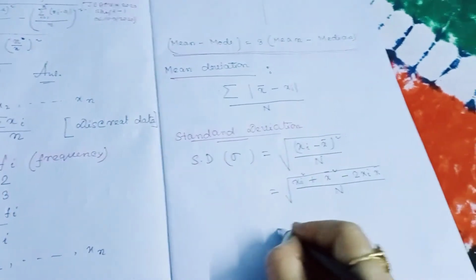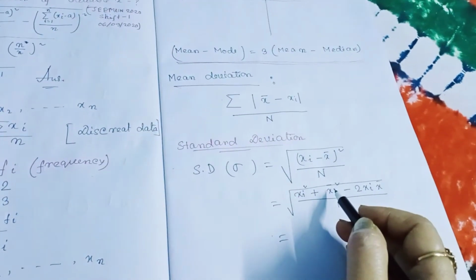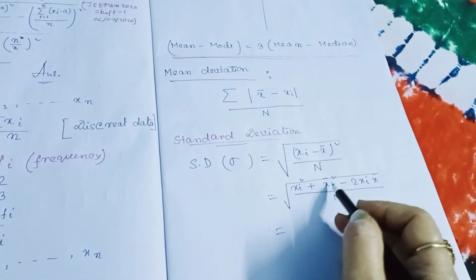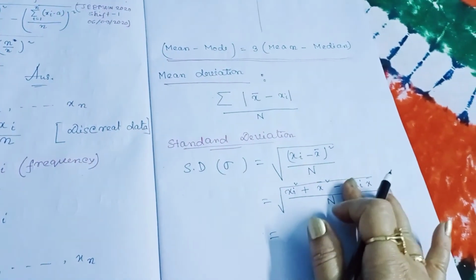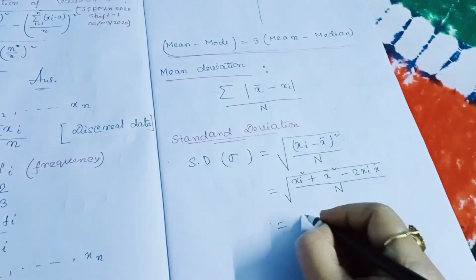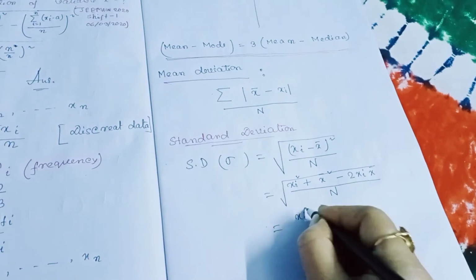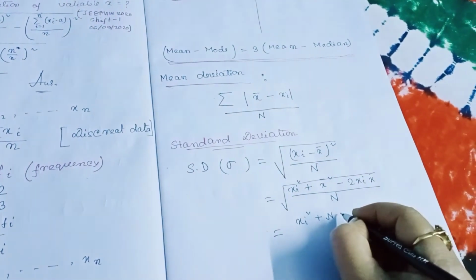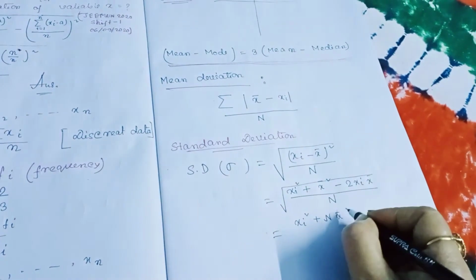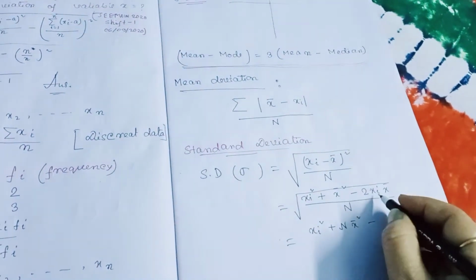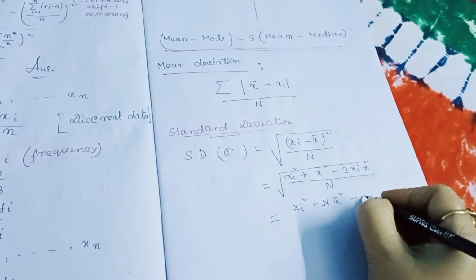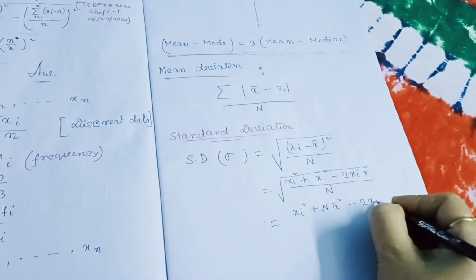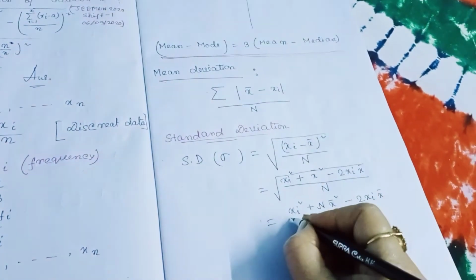So x bar is what? It is the mean of the observations. So here we get summation xi square plus n times x bar square minus 2 into x bar into summation xi.